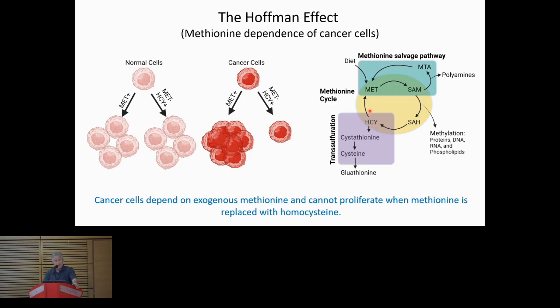So this project started with my collaborator, Peter Kaiser, who has been investigating this Hoffman effect for quite a while. What we wanted to do is to recapitulate and see whether the earliest observations can be seen again.